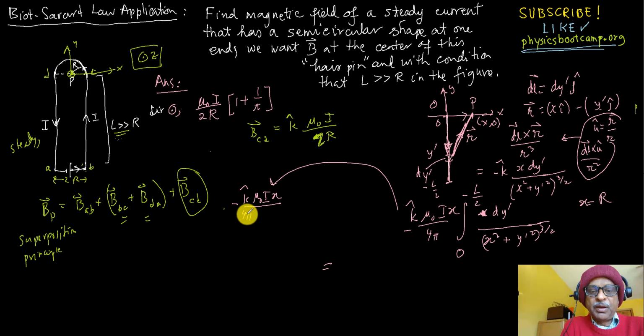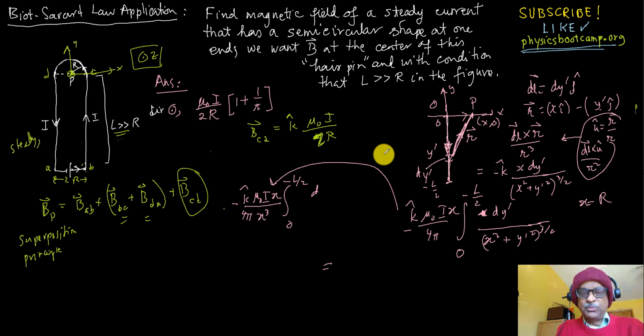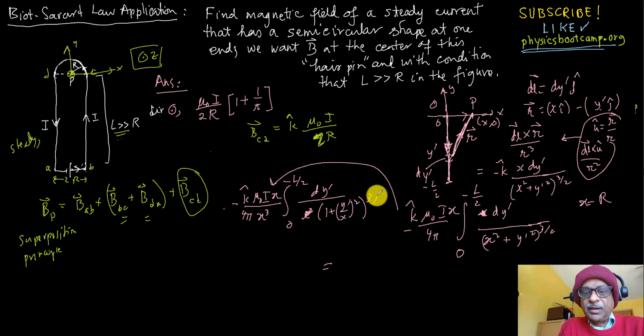I have a 4 pi x cubed, from 0 to minus L over 2 of d y prime, and let's do one more change. Okay, just leave it like that right now. I have an x squared pulled out, 1 plus y prime over x, squared, to the 3/2.